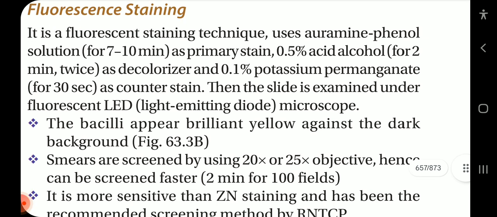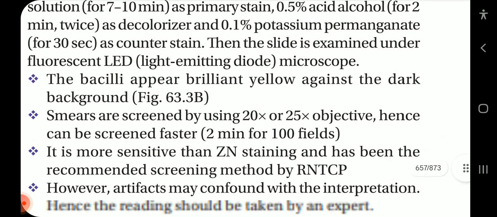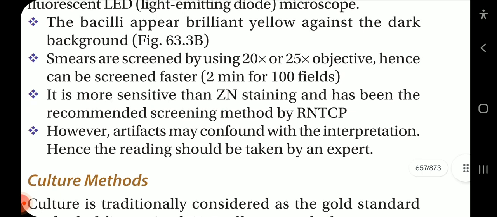Now fluorescent staining is a technique that uses auramine phenol solution for 7 to 10 minutes as primary stain, 0.5% acid alcohol for 2 minutes twice as decolorizer, and 0.1% potassium permanganate for 30 seconds as counter stain. Then the slide is examined under a fluorescent LED microscope. The bacilli appear brilliant yellow against the dark background.